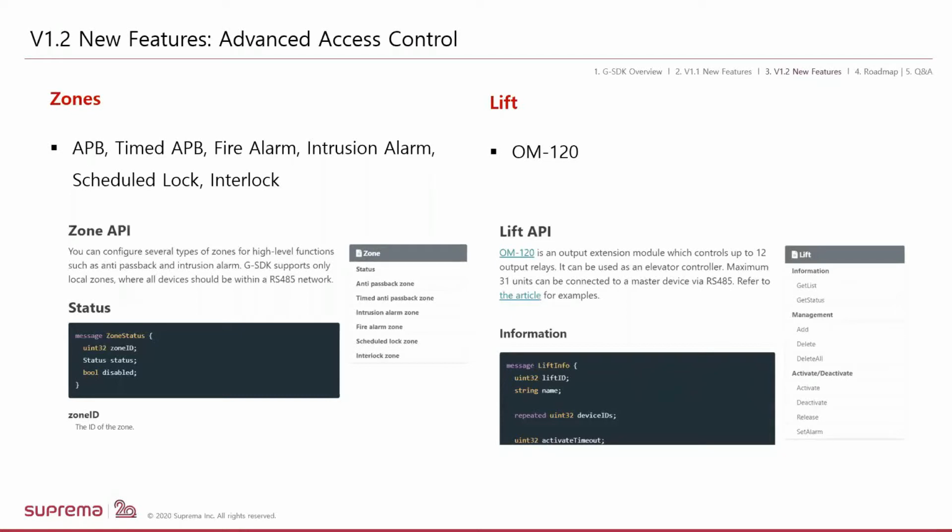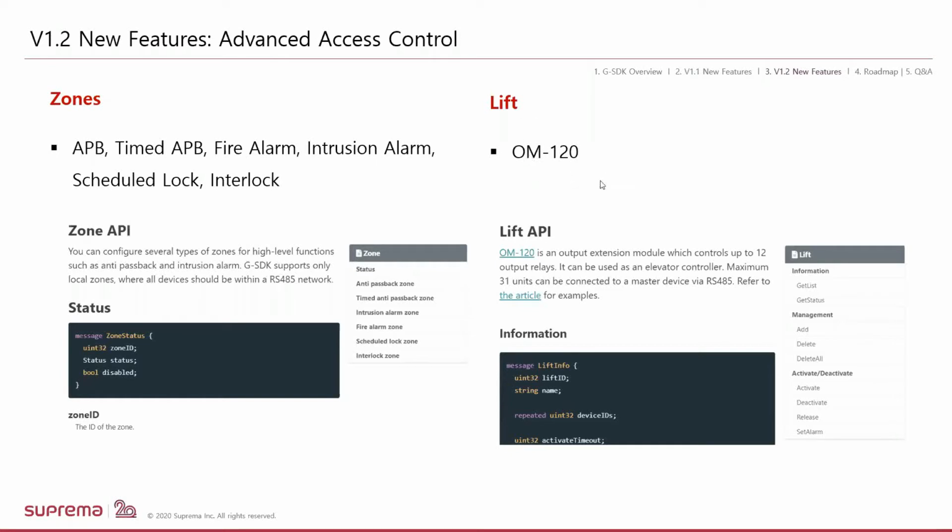On the other hand, with global zones, you can configure a zone with an Ethernet connection. But you need the BioStar 2 server to provide global zones. So GSDK only provides local zones. Other than that, its functionality is the same as what you can do with BioStar.